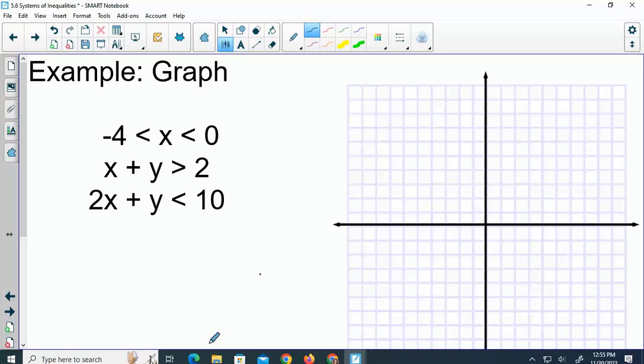Start with the easy ones. Y is greater than negative x plus 2. We can graph that pretty easily. Equal to half.